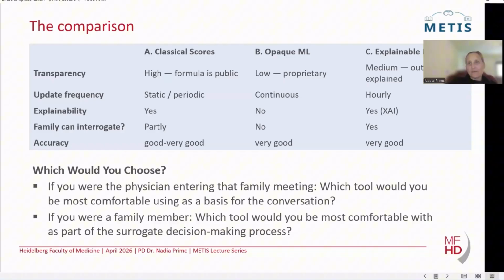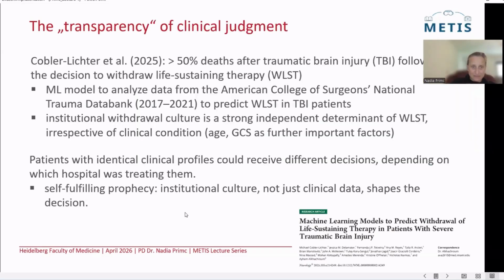In general, we have a preference for transparent models and predictions, especially when we have to make a very serious decision, such as the one presented in our clinical case. And I want to take that preference seriously, and I want to complicate it a little bit. We, of course, all know that human judgment is not perfect. It is not free from bias.